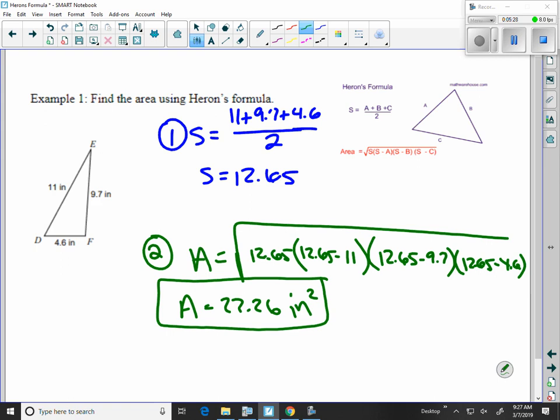Okay, I want you to see if you can just get this set up. Try to do at least S for example 2. Okay, do S for example 2.